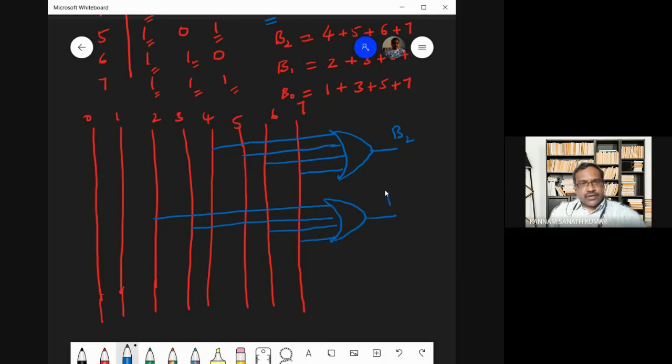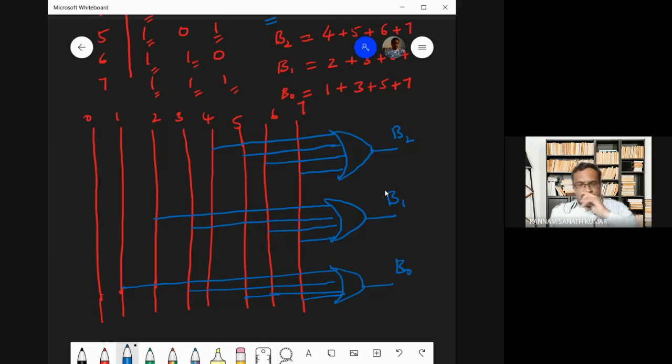This is B1. And next, B naught: 1 or 3 or 5 or 7. So these are connected with an OR gate, and this is nothing but B naught.